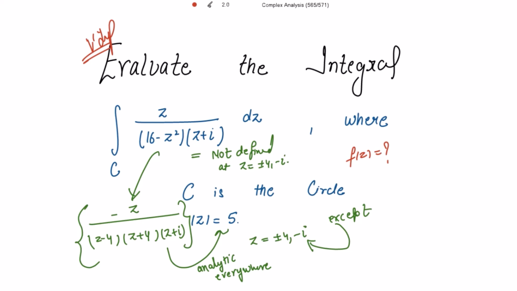When taking the denominator equal to 0, we get these points, and all these points lie inside this circle, which means we cannot leave any factor of this denominator. We always include that factor in f(z) for which, when taking that factor equal to 0, the point lies outside the circle. But when taking all these factors equal to 0, all the points lie inside the circle. So we cannot choose any factor among these for which the point lies outside the circle.